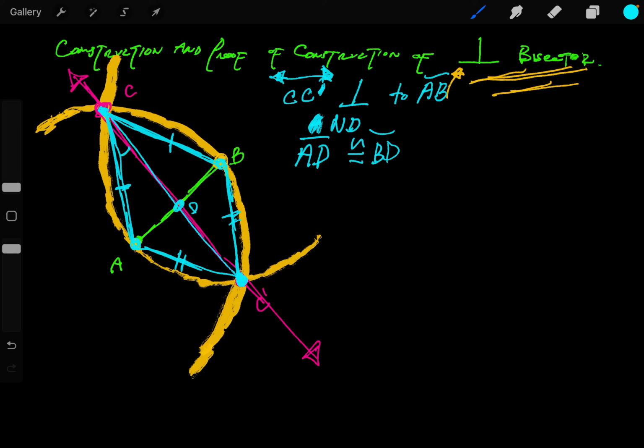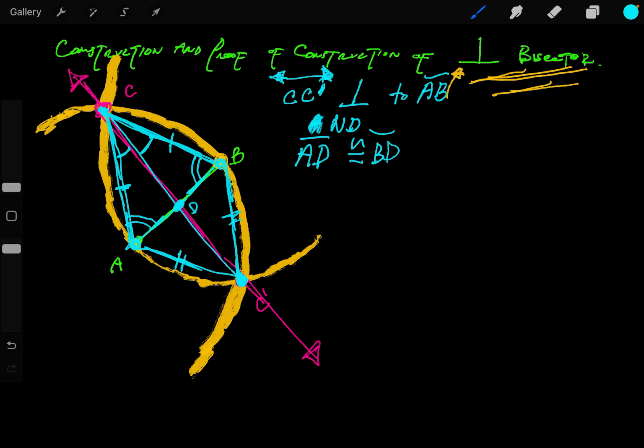So that means that this angle will be congruent to this angle. Okay, after I show that they're congruent. Now the next thing that I'd have is that this here, we proved this triangle, ABC, is an equilateral triangle, which means that all of its angles are congruent, which means that this angle is the same as this one.